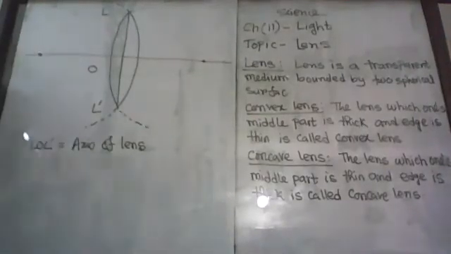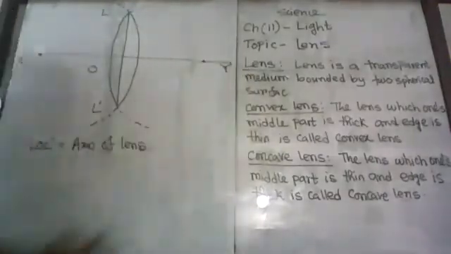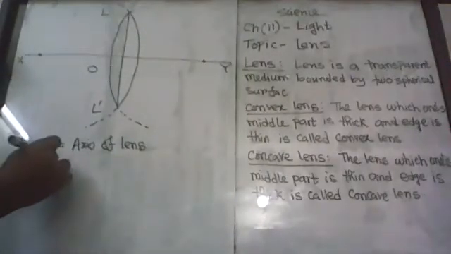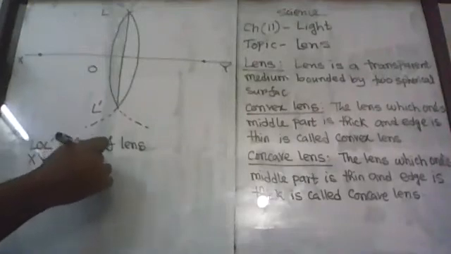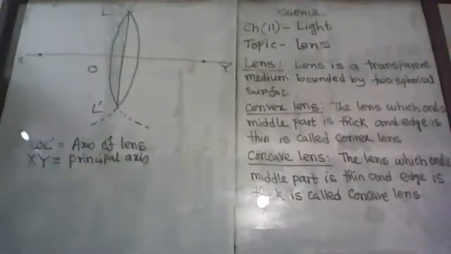When you connect these two center points, then you get a straight line. I repeat it again, this straight line is known as the principal axis. Suppose XY. XY is known as the principal axis. So here XY is nothing but the principal axis.